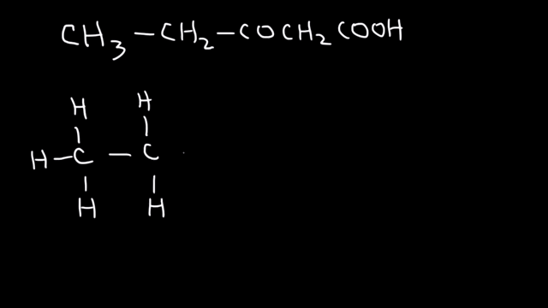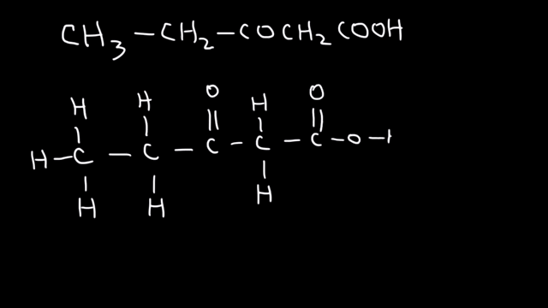And that carbon is connected to another carbon, which has a double bond to an oxygen, and that's attached to another carbon. Keep in mind, in organic chemistry, carbon typically likes to form 4 bonds. It has 4 valence electrons. It needs 4 more to get to 8. Now this carbon is a CH2, and it's attached to another carbon that has 2 oxygens and a hydrogen. Oxygen usually likes to form 2 bonds, and hydrogen can only form 1. So this is the structure.